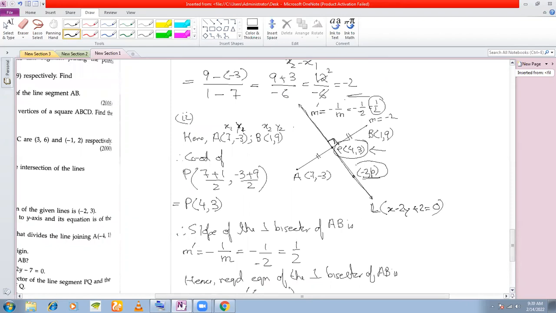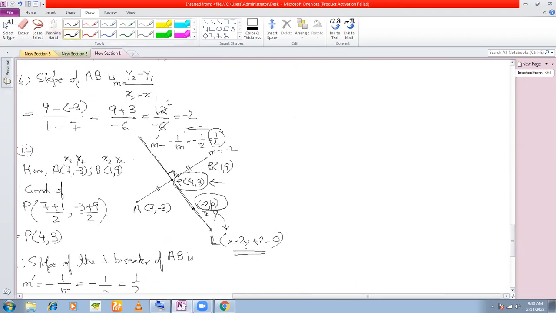Now, if minus 2, p lies on this line, then it must satisfy the equation of this line. That means if I put x is equal to minus 2 and y is equal to p in this equation, I'll get the value of p, right? So let's proceed.